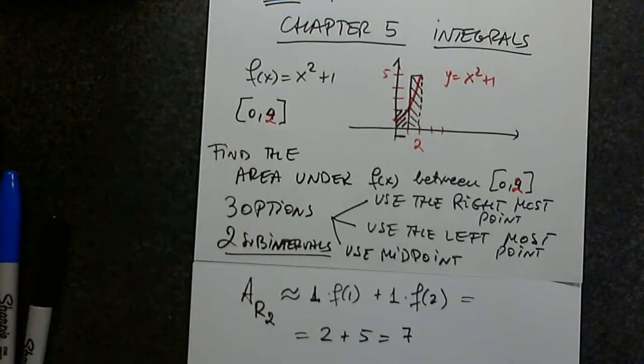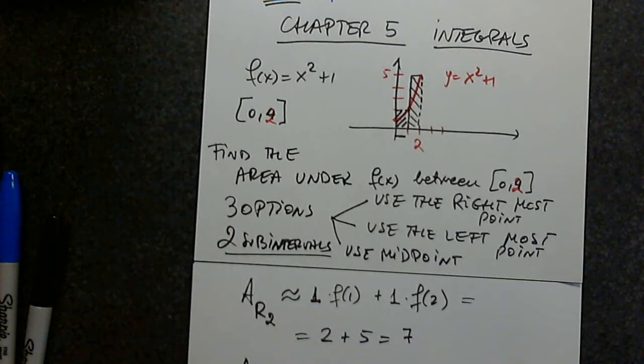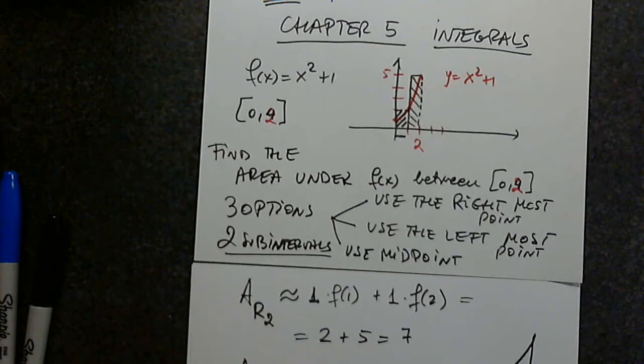Let's see what we get with 2 subintervals, Left 2. This time, this will be approximately, and let me graph it again here. This is 0, 1, and 2. This is our function x squared plus 1.